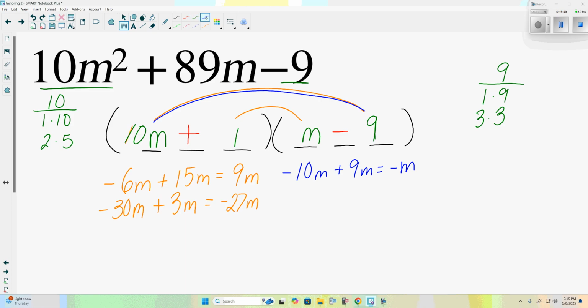We can, yes, because 10 times negative 9 is going to be negative 90m. 1 times m is going to be plus m, giving us negative 89m. And it is indeed the correct number, but wrong sign. Whenever we get the correct number but wrong sign, we just need to switch the signs.